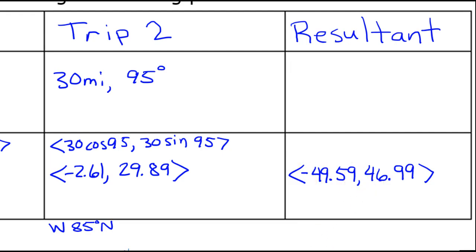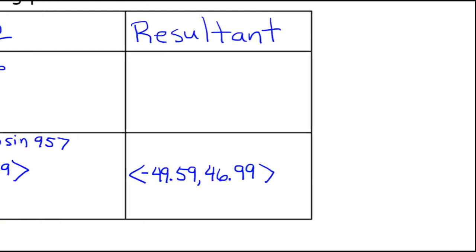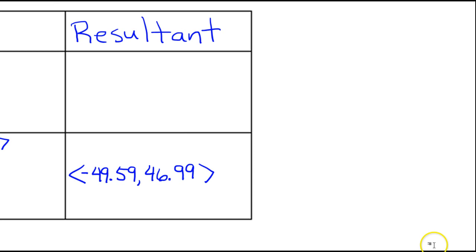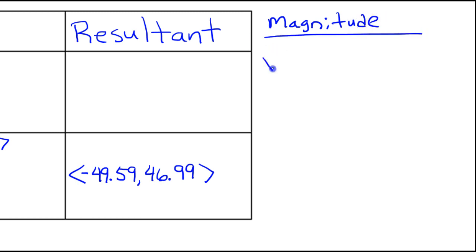So I need to take this component form and turn it into magnitude and direction. Let's start with magnitude. For the magnitude, I will just use the magnitude formula.